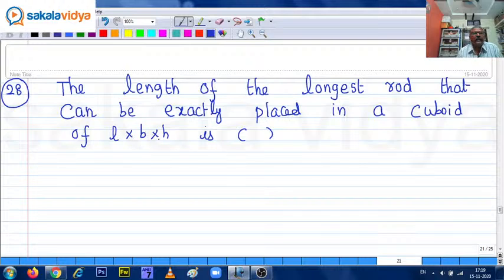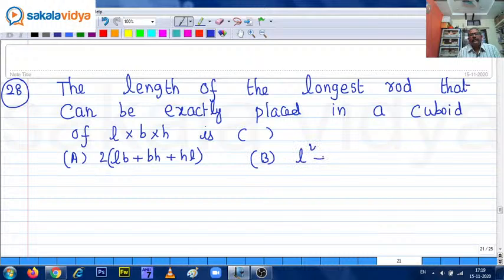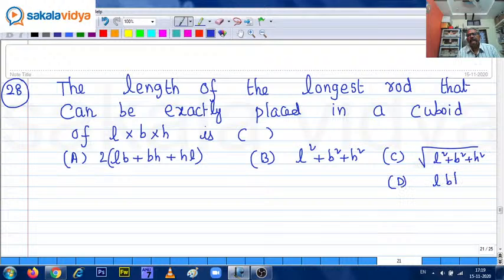First option: LB plus BH plus HL. Second: 2 times. B: L square plus B square plus H square. C: root of L square plus B square plus H square. D: LBH.